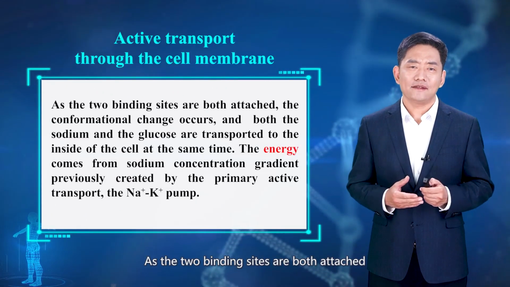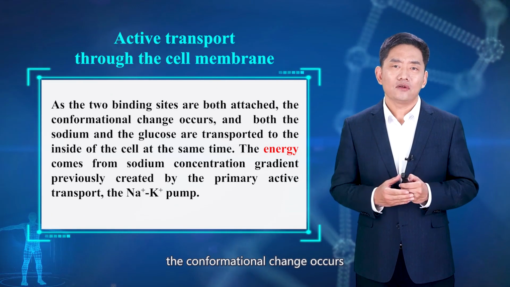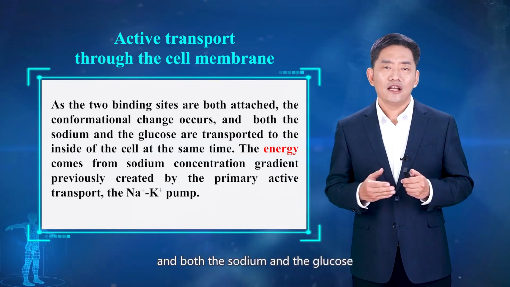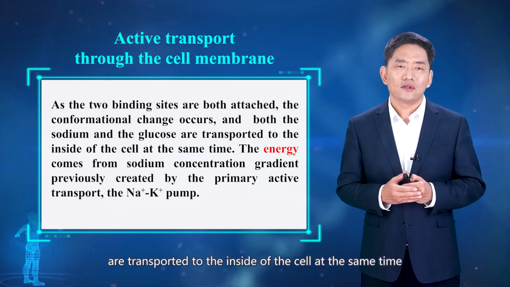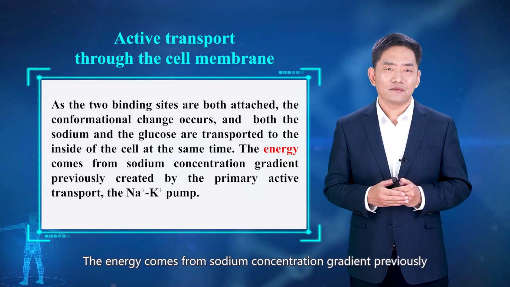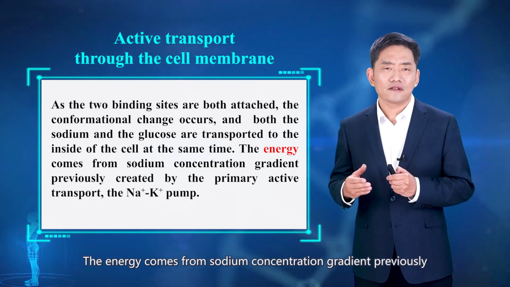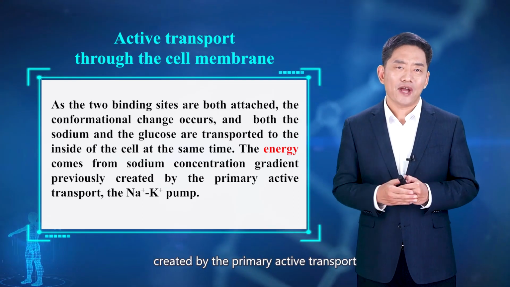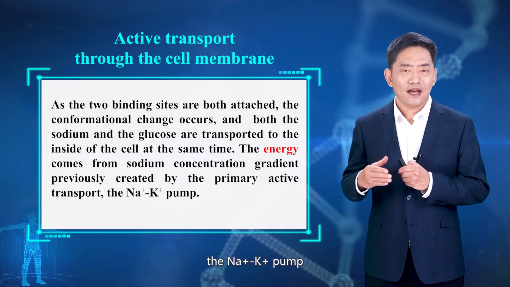When the two binding sites are both attached, a conformational change occurs, and both the sodium and the glucose are transported to the inside of the cell at the same time. The energy comes from the sodium concentration gradient previously created by the primary active transport, the sodium-potassium pump.